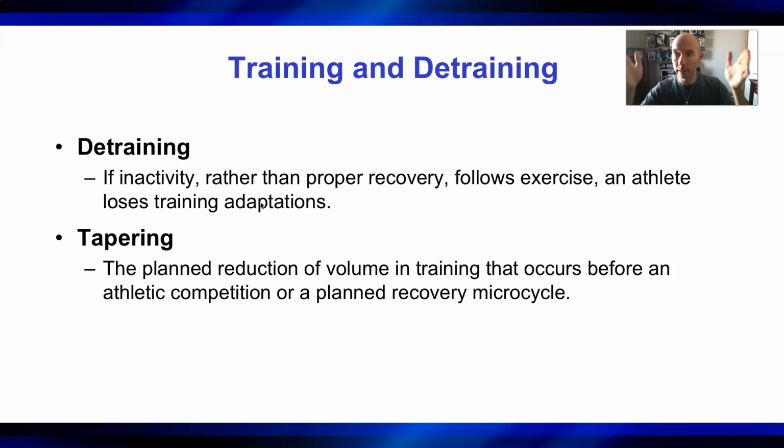So 2 weeks, no change. 2 to 4 weeks, you see a reduction due to lost cardiac output adaptations. And then you have this third phase where you continue to see a reduction in your VO2 max due to loss of muscle mitochondria, okay? So remember, you got about 2 weeks before you're going to start seeing these reductions, okay?